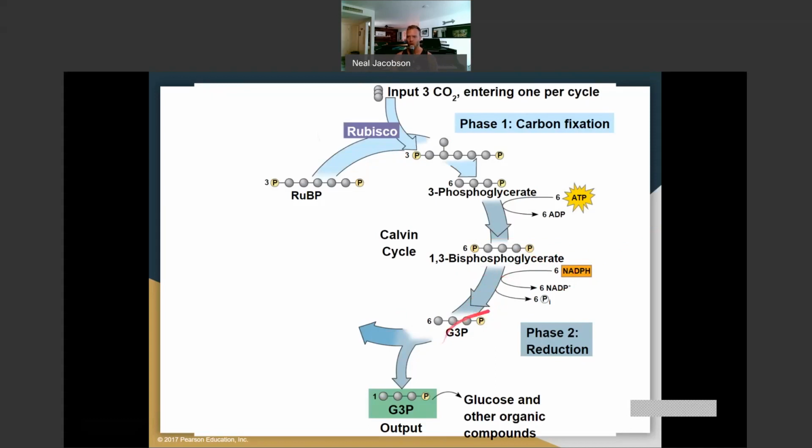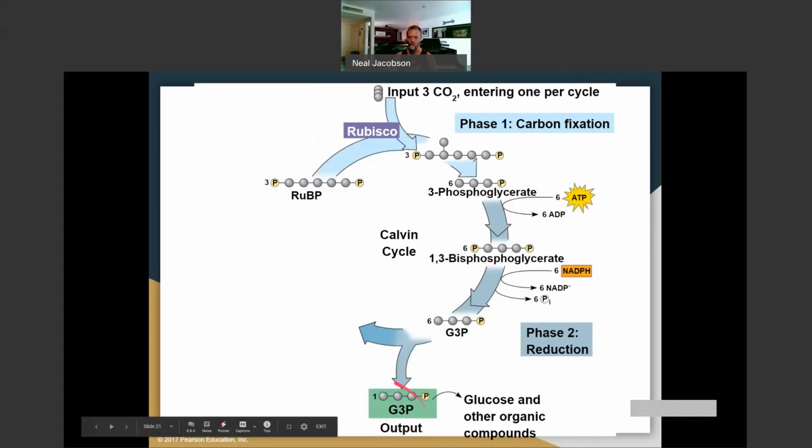All right, so now we're counting the carbons. We've got 6 3-carbons with 2 phosphates attached. Now we have 6 3-carbons with only 1 phosphate attached, because some of them popped off to make room for the extra electrons. So now we've got 6 G3P. 1 G3P is going to leave the system, and we'll talk about what happens to that G3P.